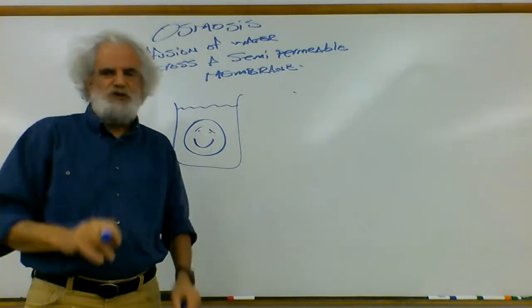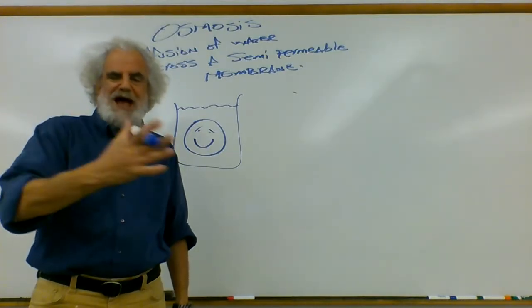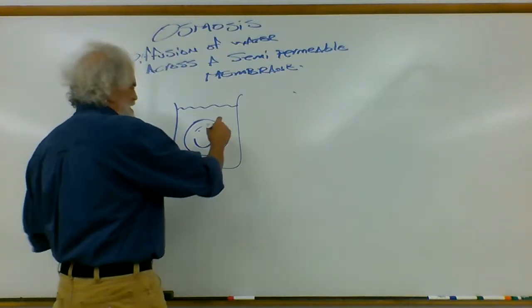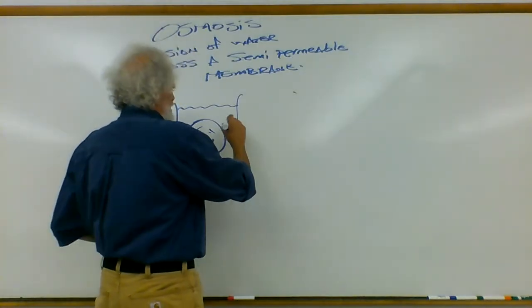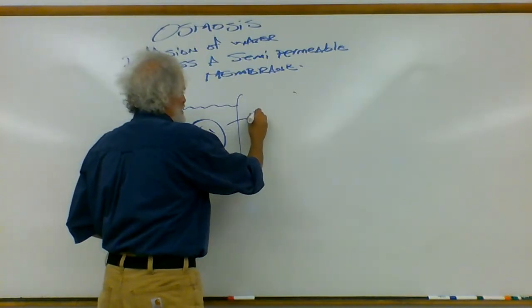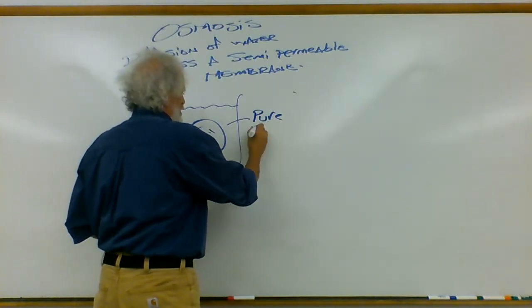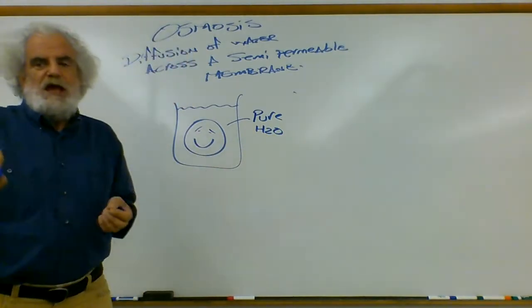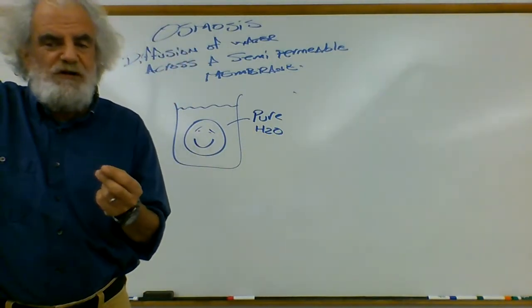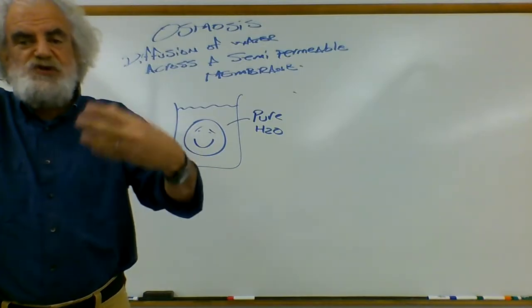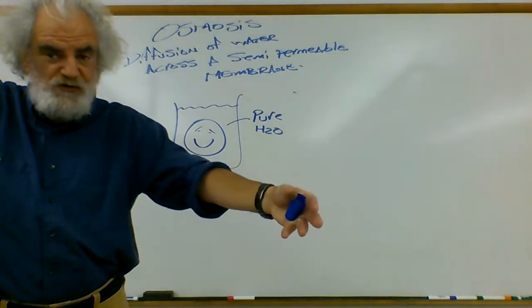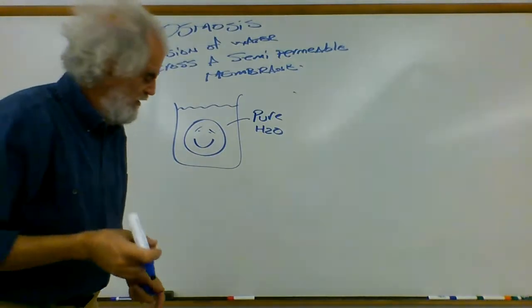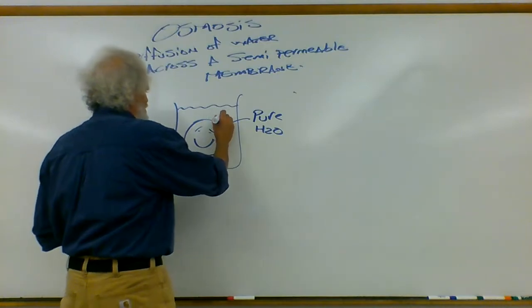He's doing just fine. Water is just moving back and forth. Now, on the other hand, what if we take this guy and put him into pure water? No salt. So the concentration of water is higher outside than inside. Diffusion is going to cause water to diffuse across. And the other way of thinking of this is water follows salt. So water starts moving in.